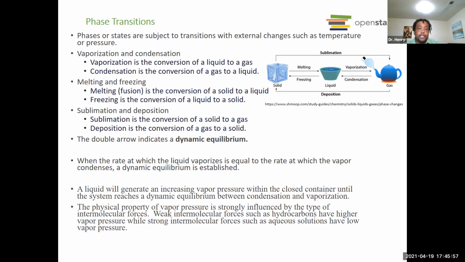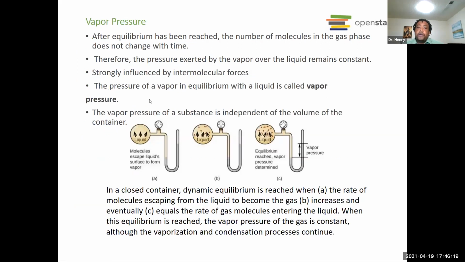It even skips over the liquid phase because it's so weak. Where water goes from ice to a liquid and then to a gas because it has hydrogen bonds, which are stronger intermolecular forces. Okay.